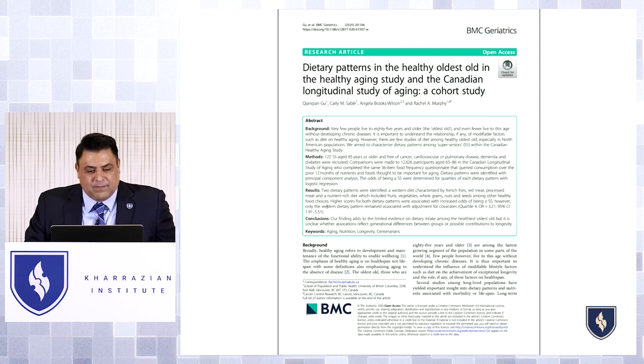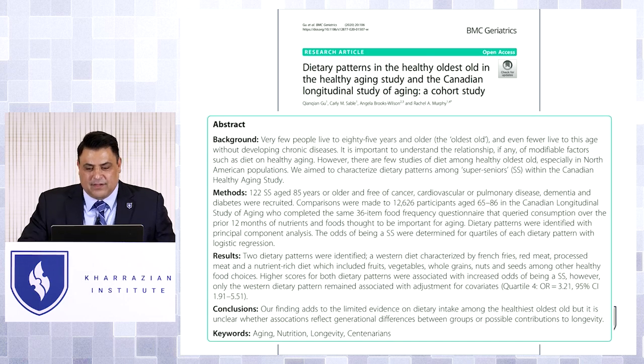This is a paper called Dietary Patterns and Healthy Aging, a study of the Canadian Longitudinal Study on Aging cohort. This is something to look at that does give us some ideas. They found that very few people live to 85 years and older, who they call in this study the oldest old, and even fewer live to this age without developing chronic disease.